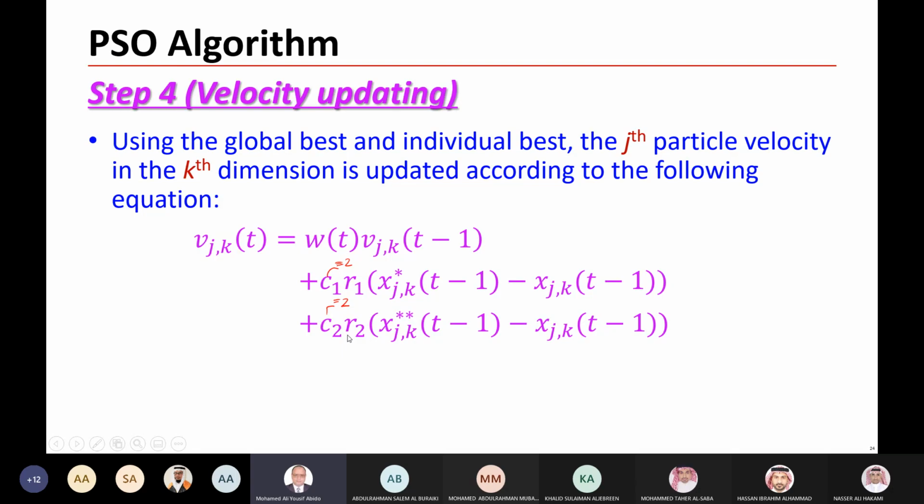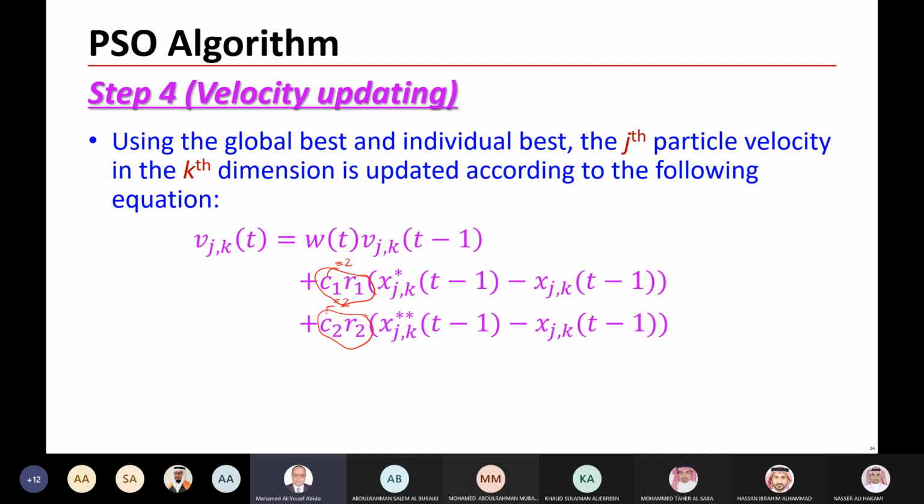Usually R2 is around, for example, 0.5. So if it is 0.5 multiplied by 2, and 0.5 multiplied by 2, that means the weight of the social part and the weight of the cognitive part will most likely be almost the same.